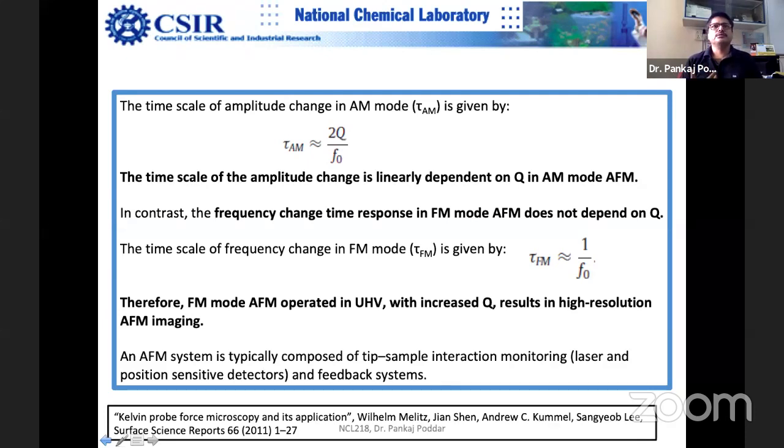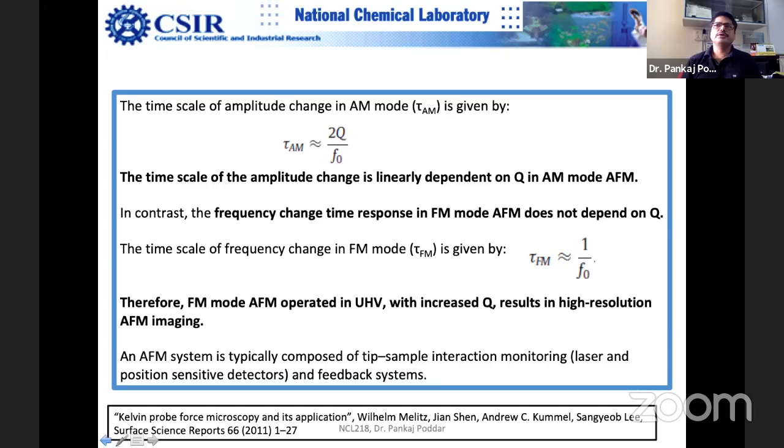If you ask me how I can achieve the best AFM resolution, as you have noted, tips should be stiff. A stiffer tip leads to better vertical resolution. Tips should be super sharp, which leads to higher lateral resolution, and surfaces should be smooth, so you get much better lateral resolution.